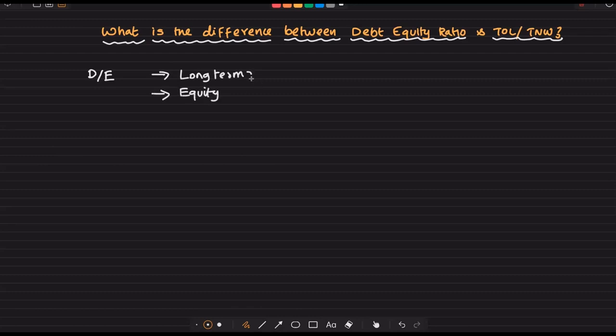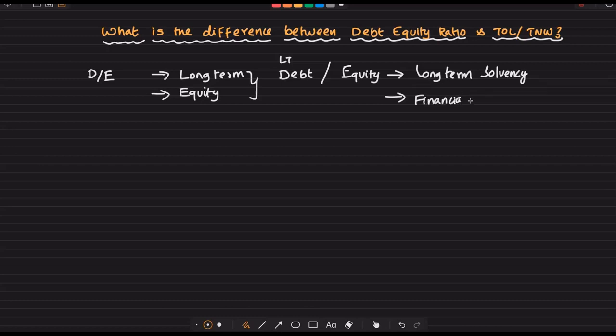So in debt equity ratio, what you basically compare is the long-term debt with equity, so that you will be able to measure the long-term solvency of the business. You can measure the financial risk associated with that business. So the focus is more on comparing the long-term debt with equity.